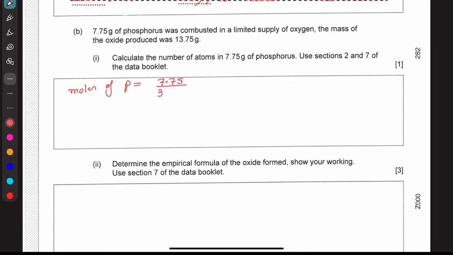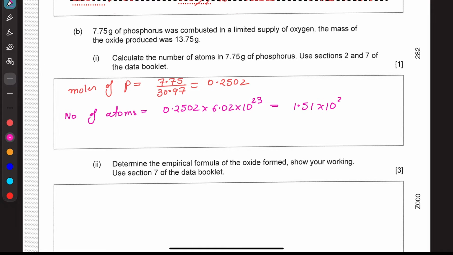Molar mass, if you check the periodic table, is 30.97. Divide them and you'll get 0.2502. These are the moles. Number of atoms will be moles times Avogadro's number, so 0.2502 times 6.02 times 10 to the power of 23. Simplify this, and I get 1.51 times 10 to the power of 23.